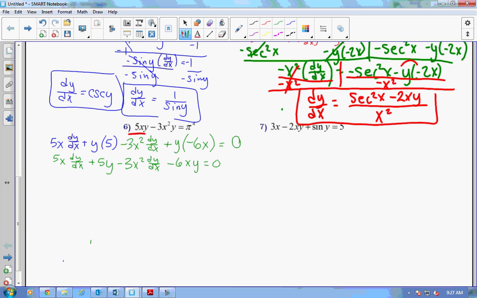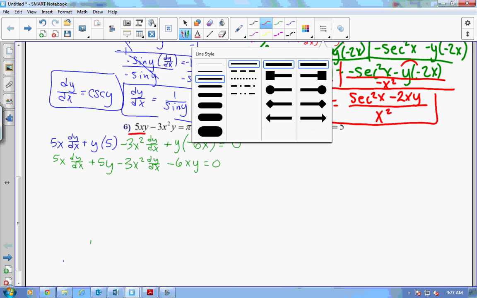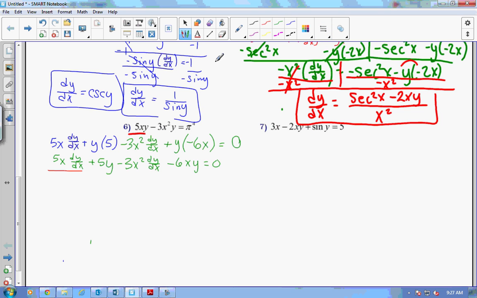Okay, now some of you said, oh, we have an issue. There's two dy/dx's, right? I noticed Yisu got her x terms together, which might help. Well, I guess it's the dy/dx terms together.